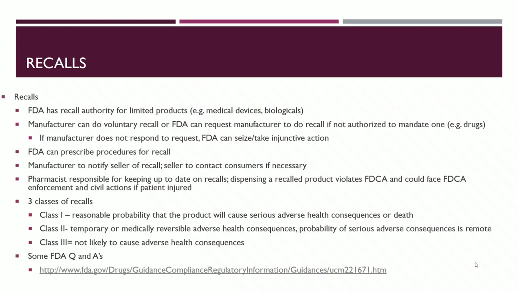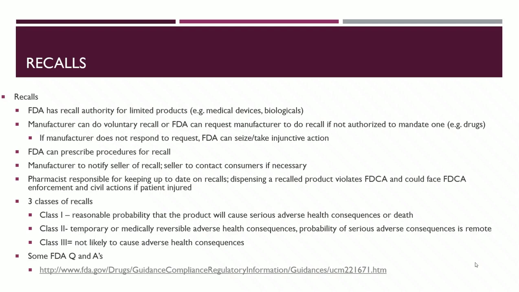So you're going to see a manufacturer do a recall if there's something wrong with the product, okay? But the actual legal authority, I guess, probably doesn't come from the FDA in a lot of these instances. But the FDA does have legal authority under some products, if you will, like the medical devices and the biologicals.